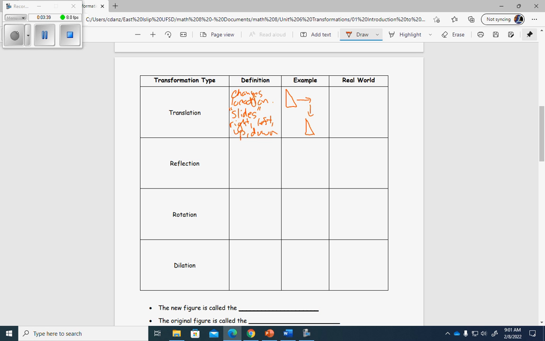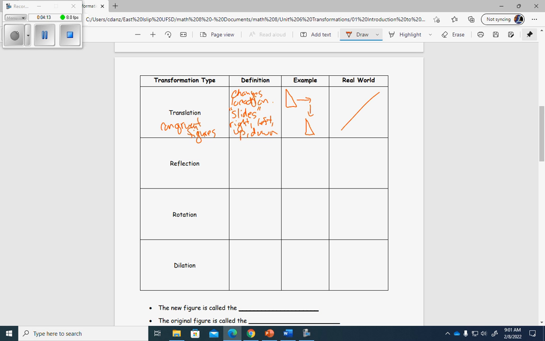Sorry about that. I tried to draw it exactly the same, but without a ruler and a protractor and all that stuff, it's hard to make it perfect. These two figures really are congruent. And like I said, it could slide right or left, it could go up or down, and it would actually tell you how much to slide it and in which direction. We're going to skip the real world part of it for now.